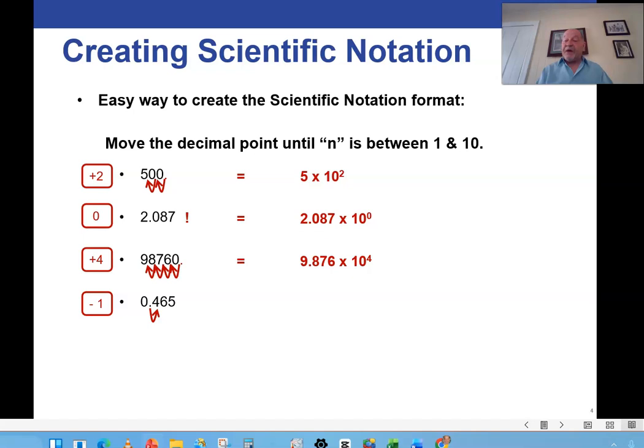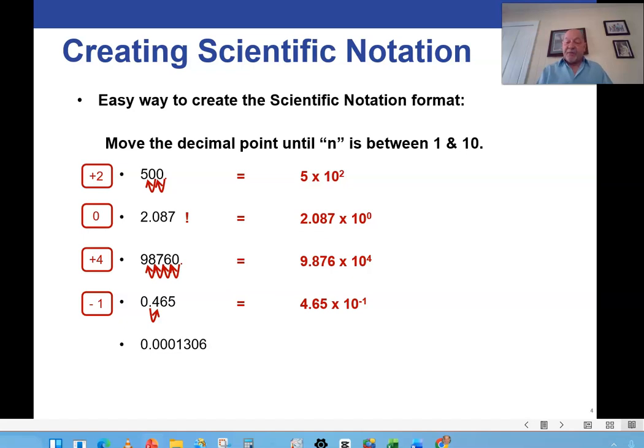I've artificially made it larger, so I have to correct that by multiplying it by a power of 10 that will make it smaller again, and that would be 10 to the minus 1 because we only moved the decimal place 1 position. Another way to think about that is the 4 is in the minus 1 position, so it's 4.65 times 10 to that minus 1 power.